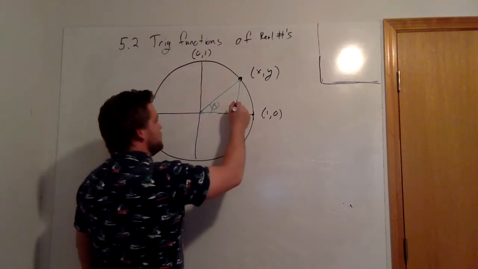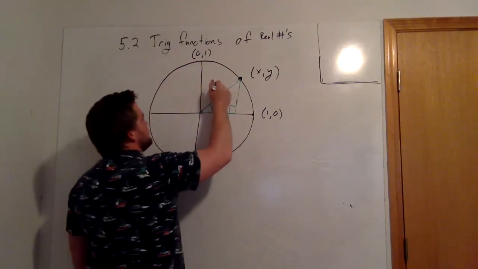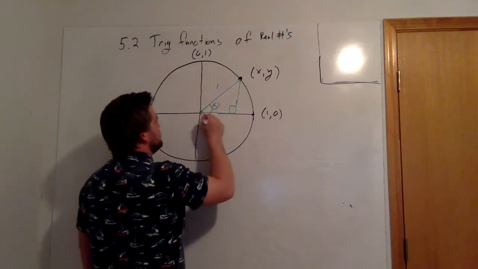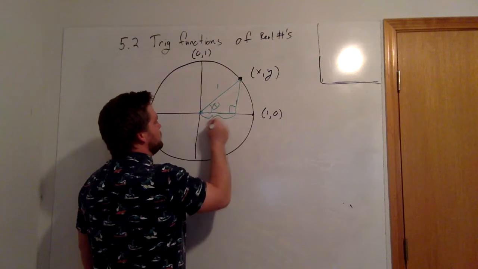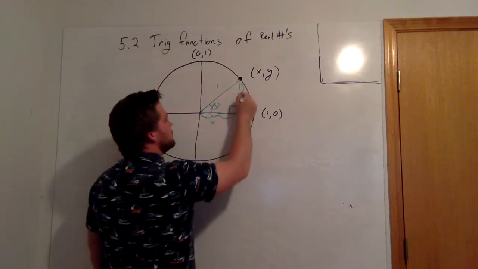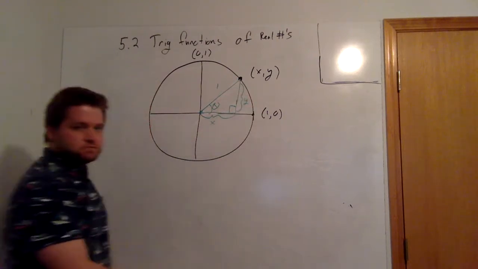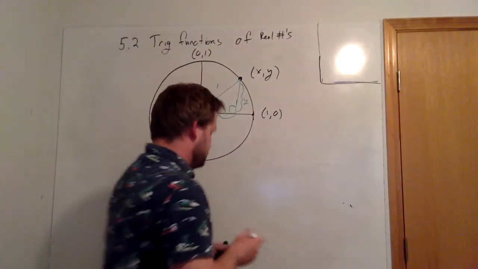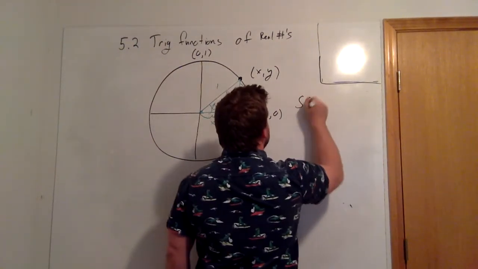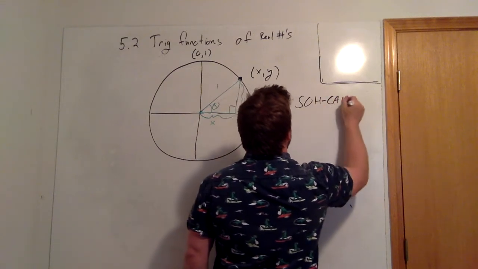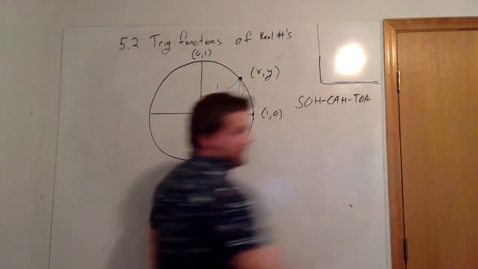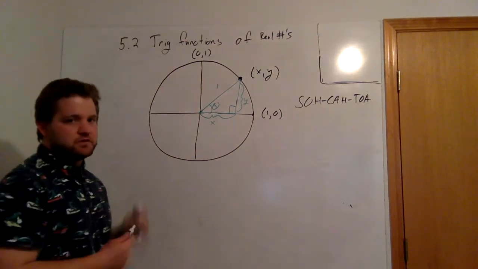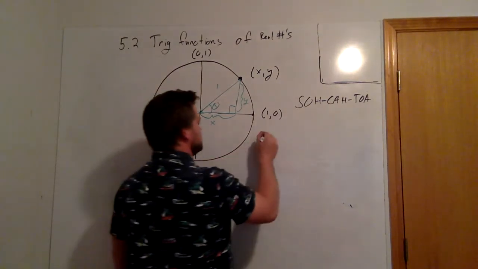So for this triangle right here, since we're on the unit circle, the length of the hypotenuse will always be 1. And the distance of the adjacent side would be what we call x, and the height here would be y. So let's go look at SOHCAHTOA, or some old hippie caught another hippie tripping on acid. And let's think about what sine and cosine mean on this unit circle. Let's start with sine.